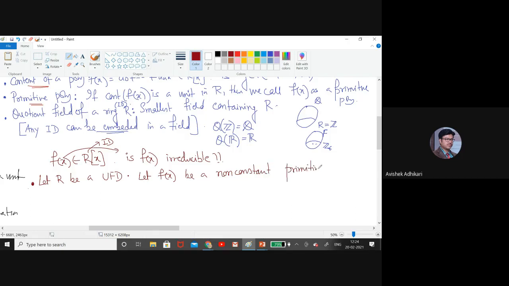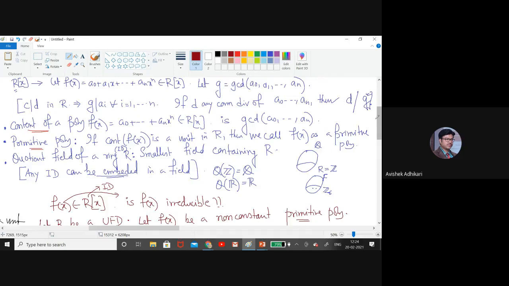Now you know what we mean by a primitive polynomial. Take any polynomial, take its coefficients, and compute the GCD.